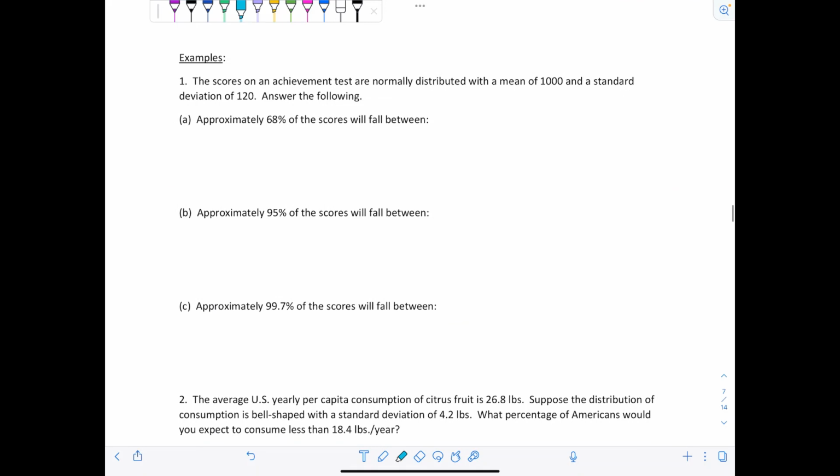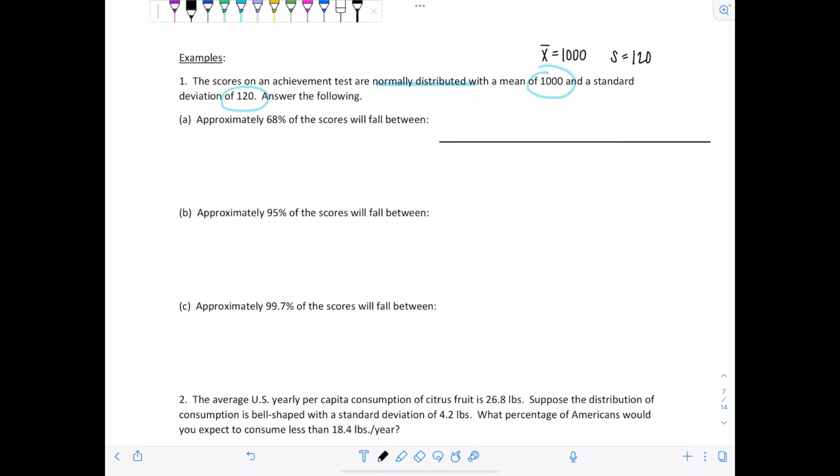Don't fret. So, first example, the scores on an achievement test are normally distributed. So that tells me, yep, you can use the empirical rule, with a mean of 1,000 and standard deviation of 120. Okay, so that means x bar is 1,000. Standard deviation, that's s, that's 120. So the first part is asking me approximately 68% of the scores will fall between.